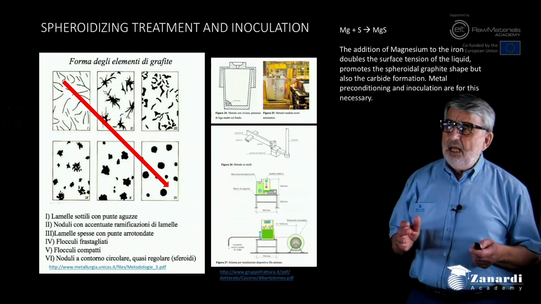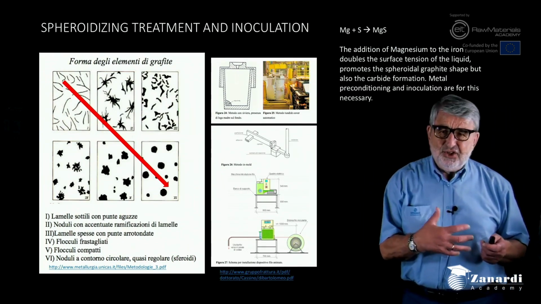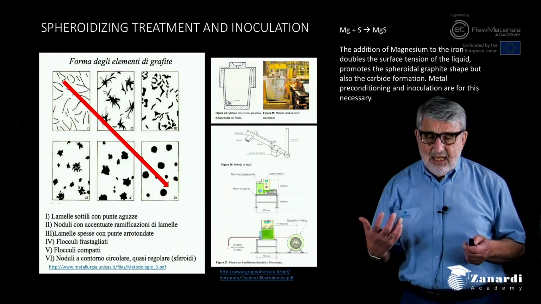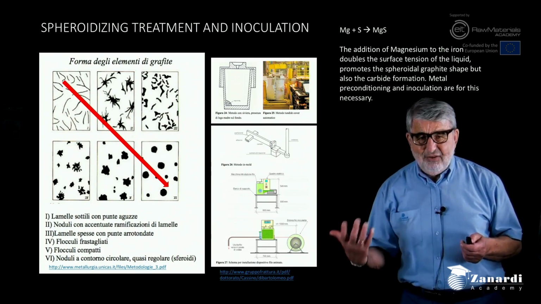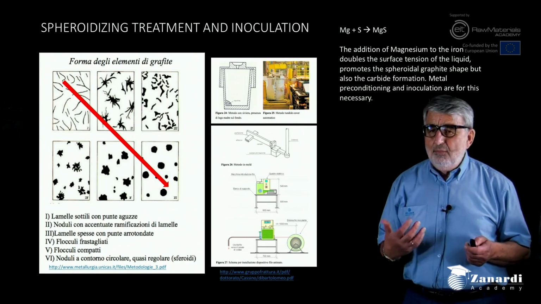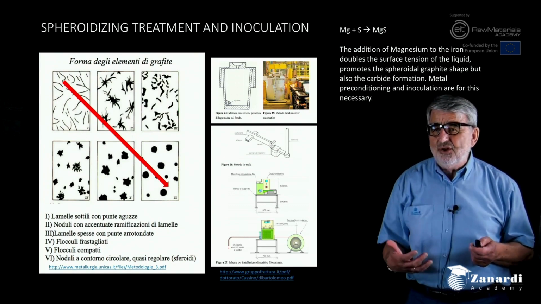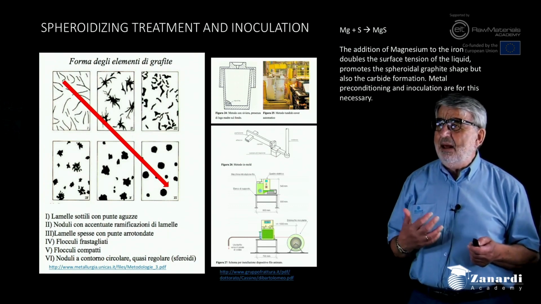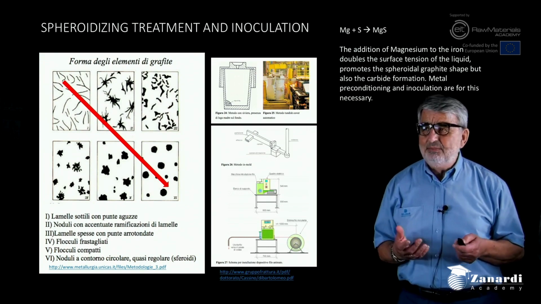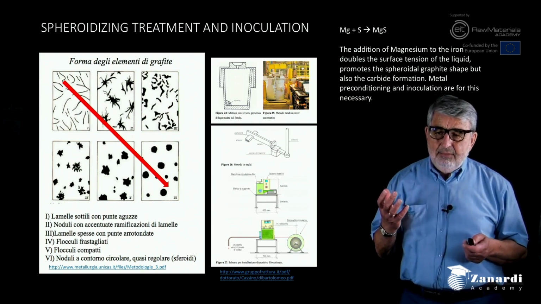But we have different shapes where this graphite can form. The most common, the natural shape, is a lamellar graphite shape. What does it mean?